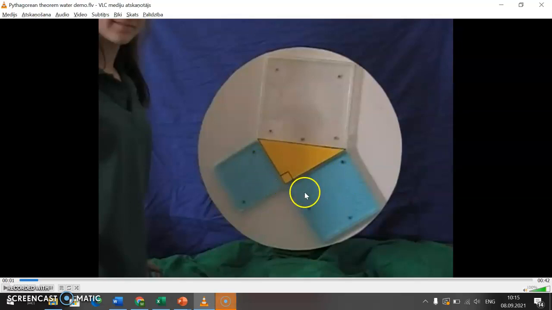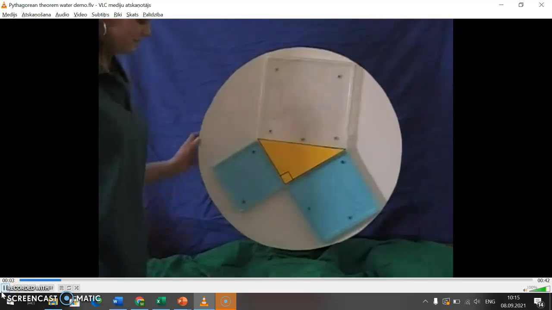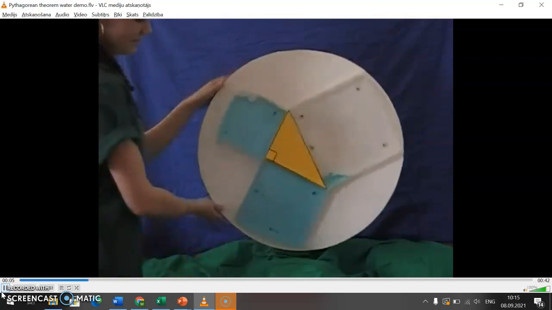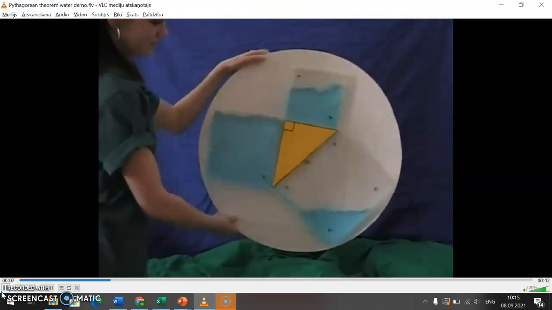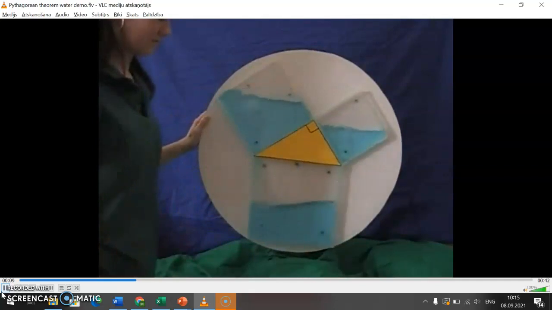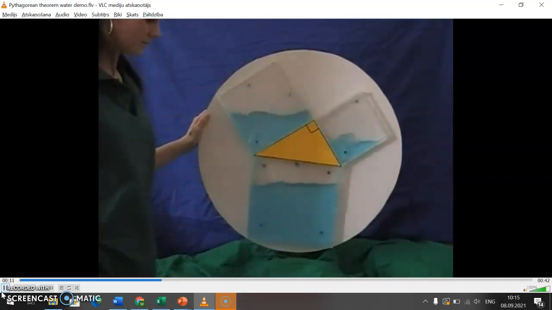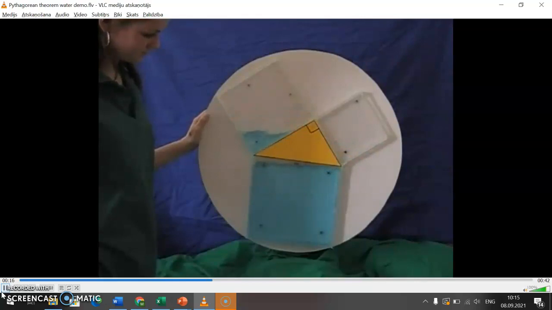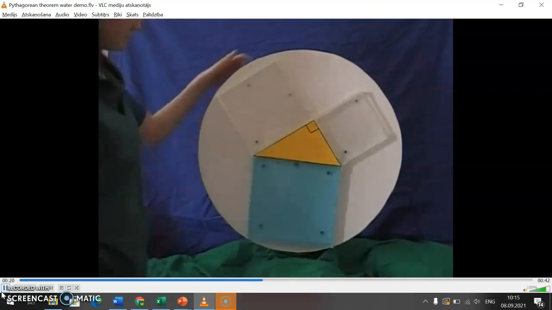It's water with some coloring, I guess, and we're going to spin this thing and watch what happens. All right. So there's two legs squared, and now the water has a way to drain from those into the hypotenuse squared. And we know the Pythagorean theorem works. One leg squared plus the other leg squared should give the hypotenuse squared, and look at that, perfect! It fills it perfectly.